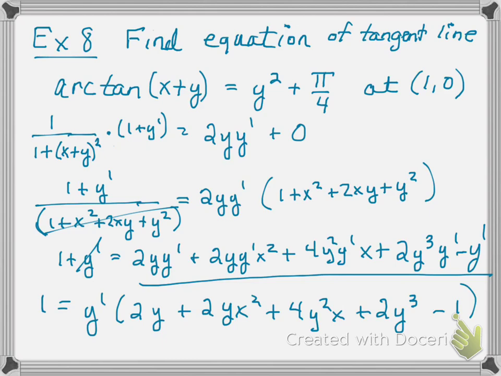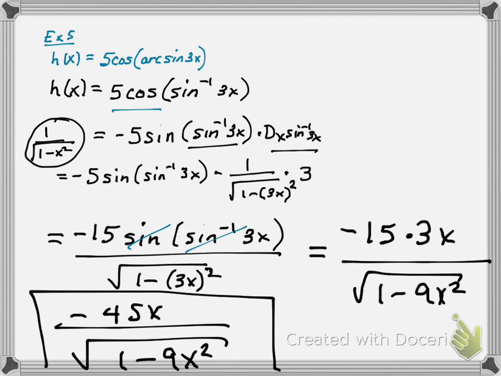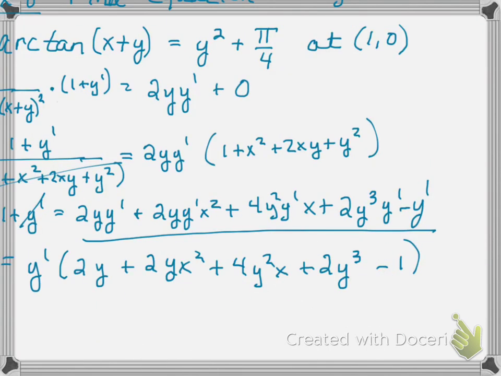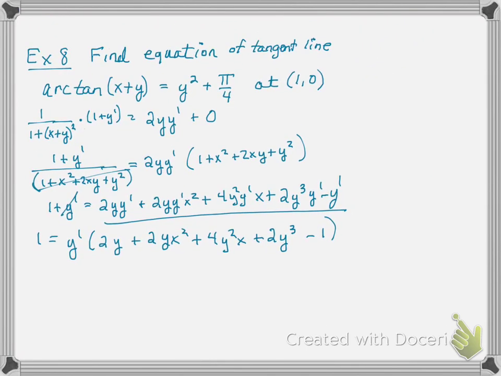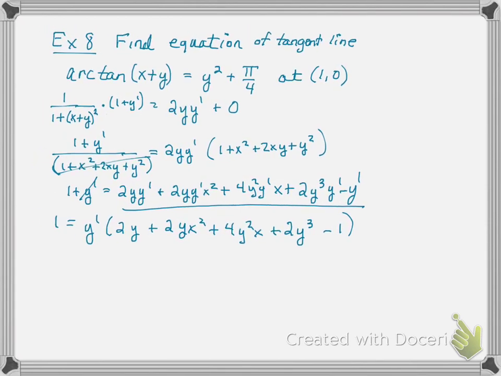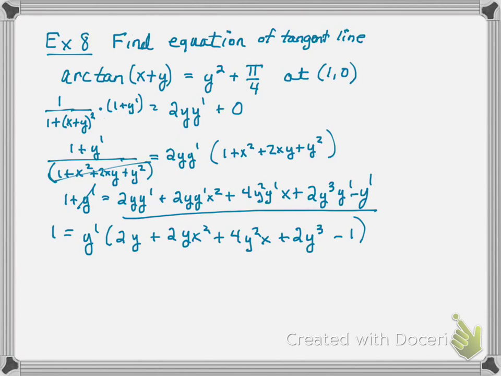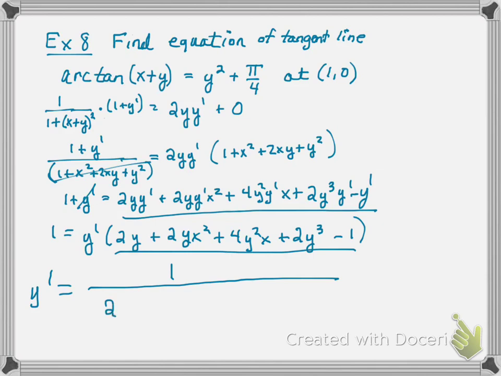So, if I shrink this up a little bit, okay, so now I divide, and I get y prime equaling 1 over this crazy thing here. 1 over 2y plus 2yx squared plus 4x squared y, actually that's a y squared x, plus 2y cubed minus 1.